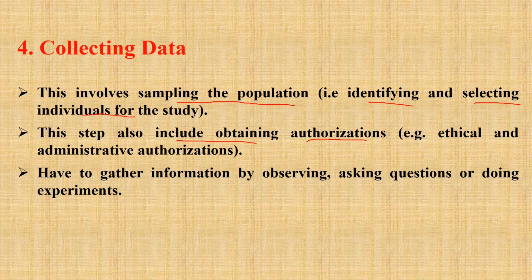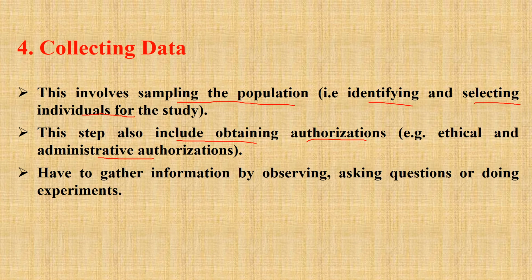You might have to carry out the study in a particular laboratory, and therefore you will also need administrative authorization from that laboratory. At times, depending on the country, you will also need authorization from some ministries such as the Ministry of Health or any other ministry in order to carry out your research.